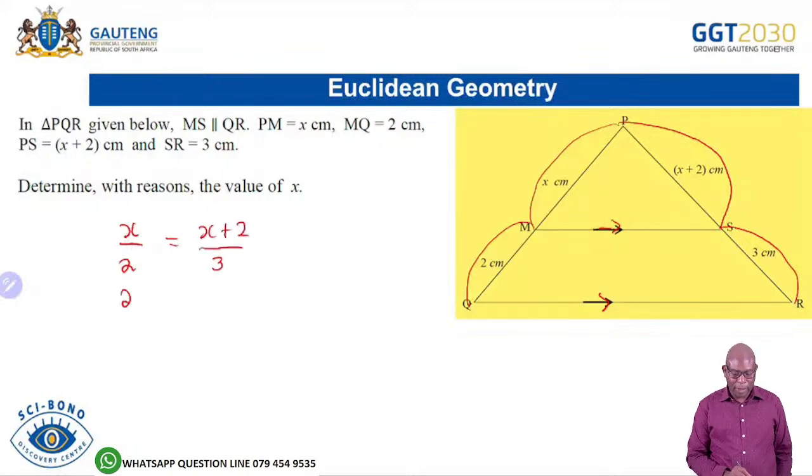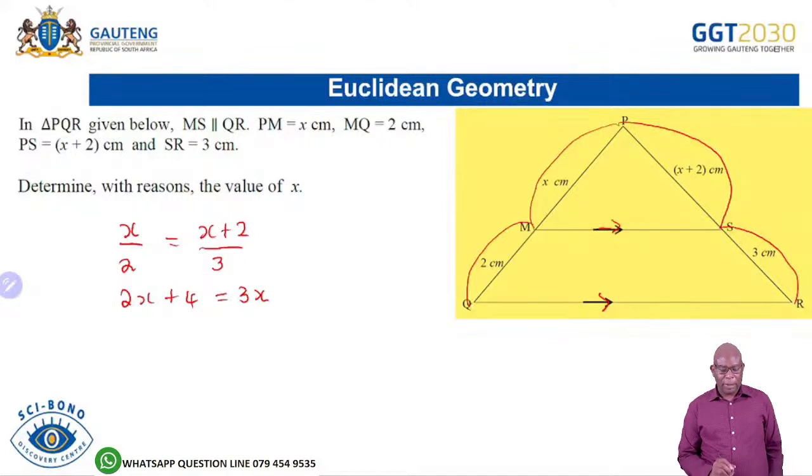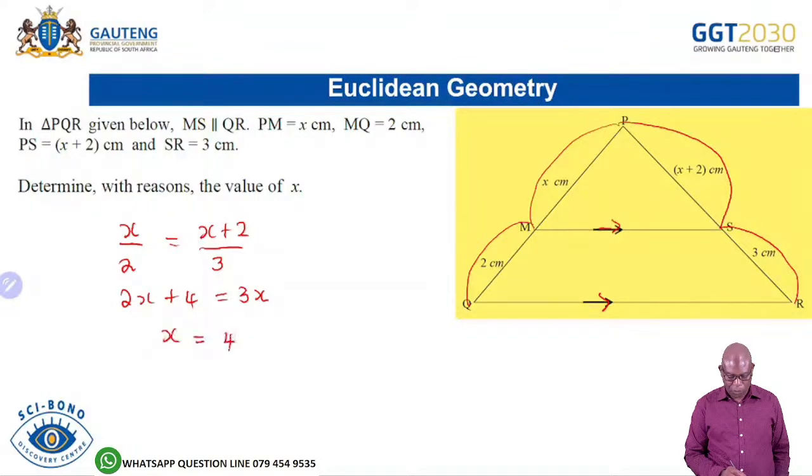Cross multiply, I get 2x plus 4 equals to 3x. Then I can then say my x value will be equals to 4. Right. Okay, if I transpose this that side, then 3x minus 2x is 1x, x will be equals to 4. That's a straightforward and easy one.